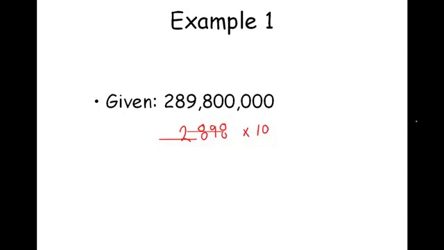And that exponent has to do with how many decimal places we move it. Now, since this number is greater than 1, the exponent is going to be positive as well. Okay? So, 1, 2, 3, 4, 5, 6, 7, 8. So therefore, it's 2.898 times 10 to the 8th power.